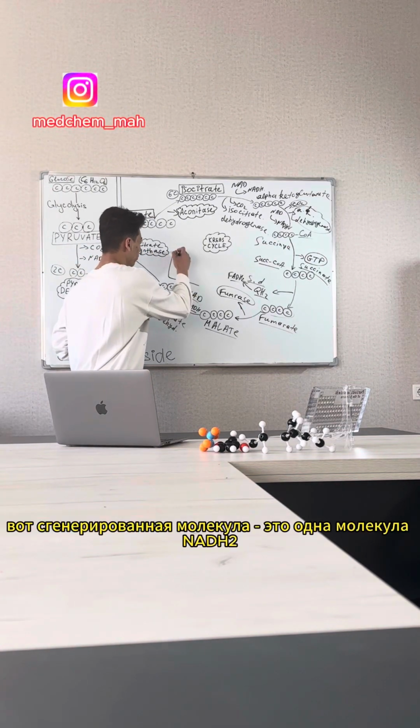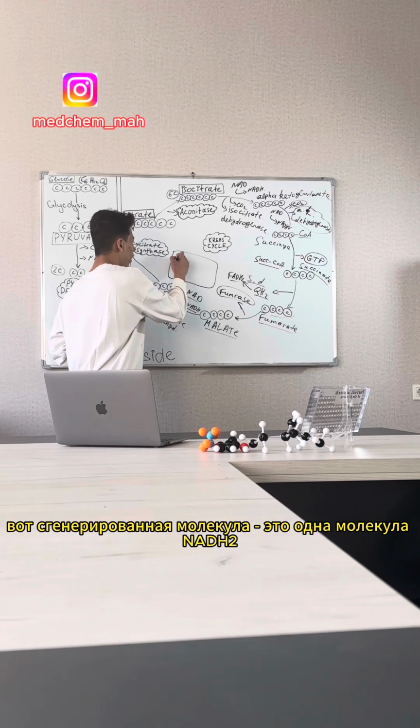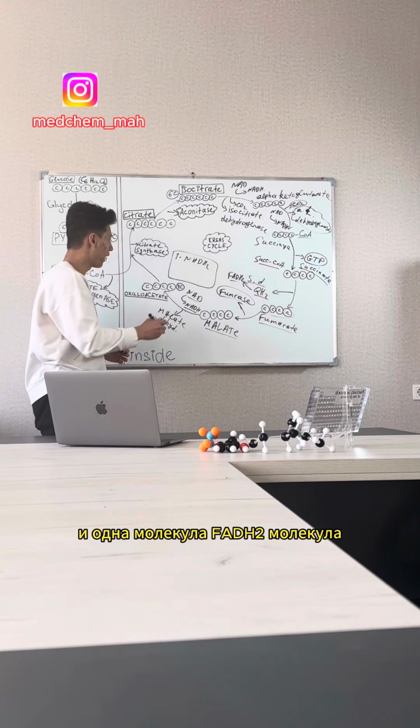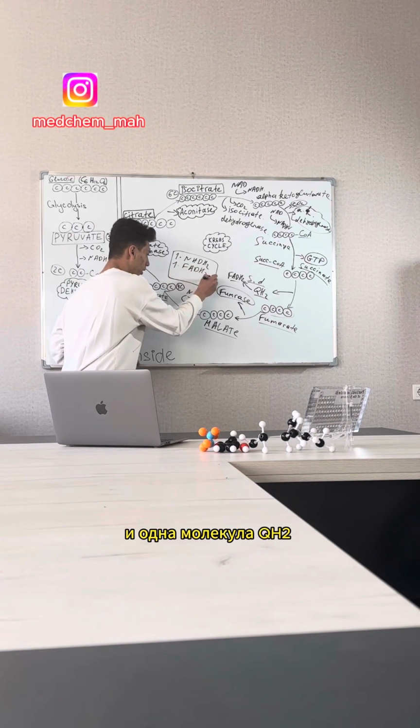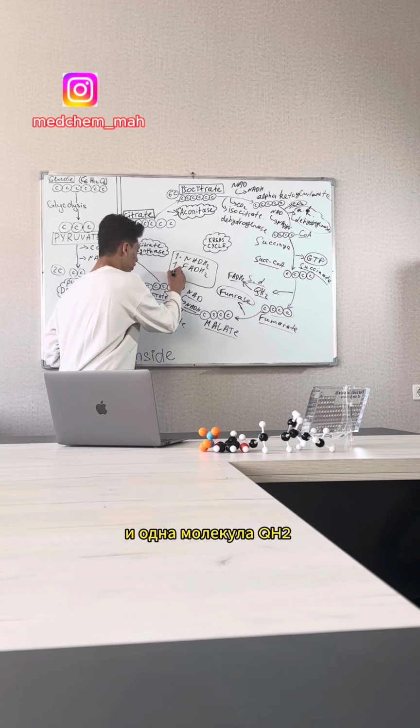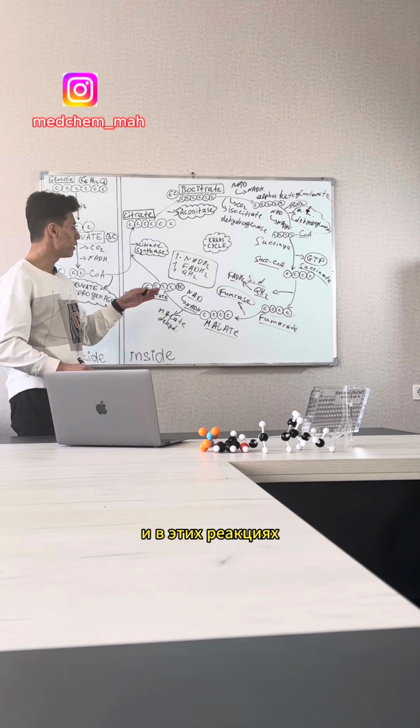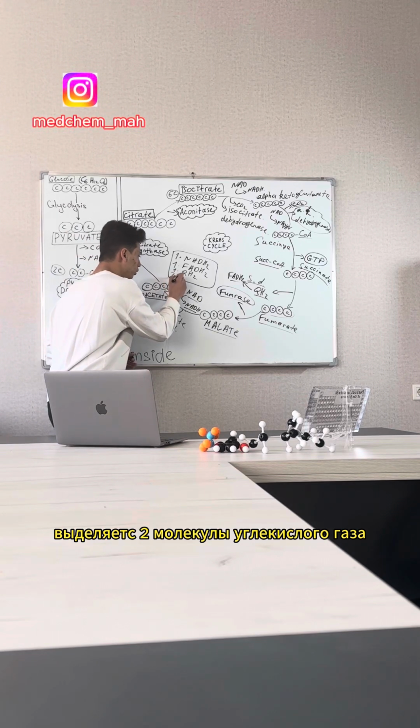Here the generated molecules are 1 molecule of NADH and 1 molecule of FADH2, and also 1 molecule of QH2. In these reactions, 2 molecules of carbon dioxide are also generated.